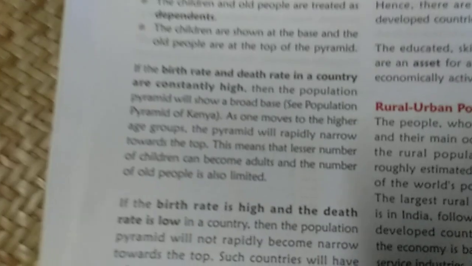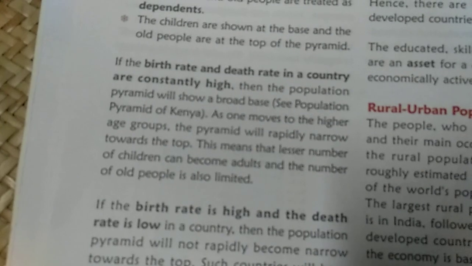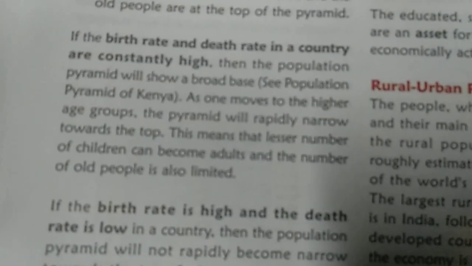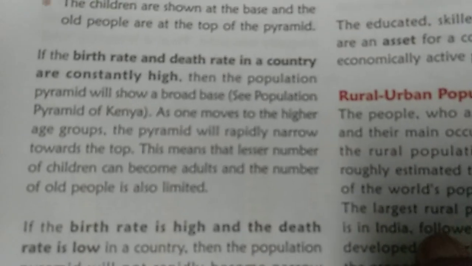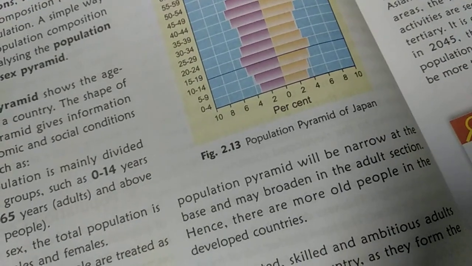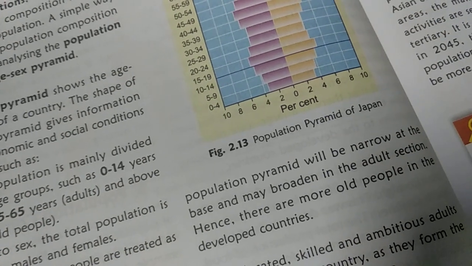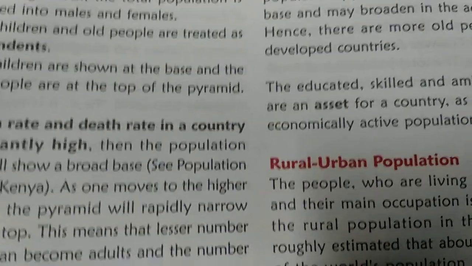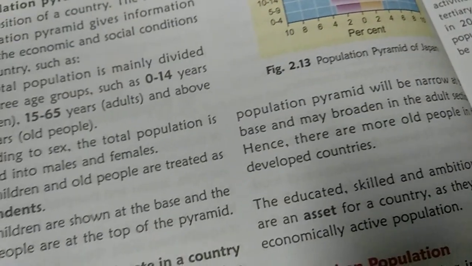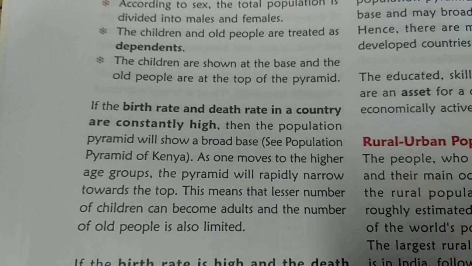Now, if the birth rate and death rate of a country are constantly high, then the population pyramid will show a broad base. If we see the pyramid of Kenya, we can find it.